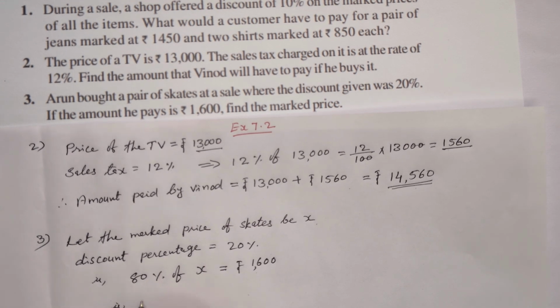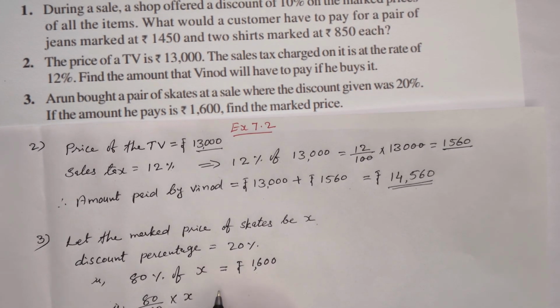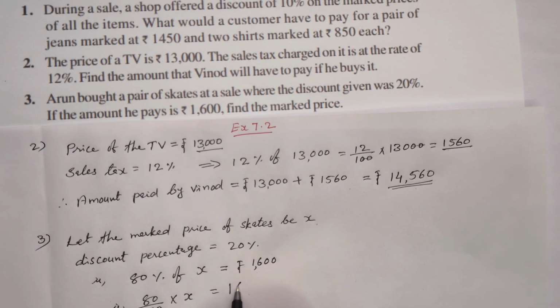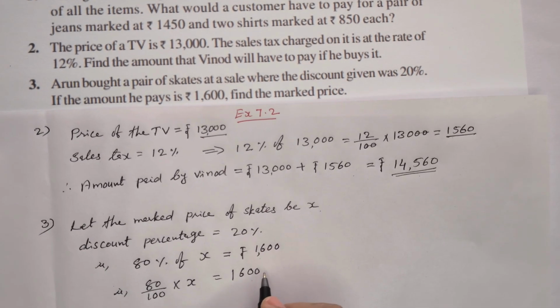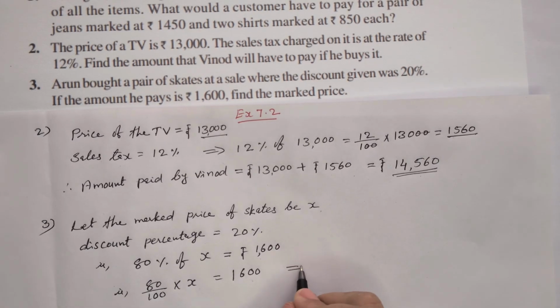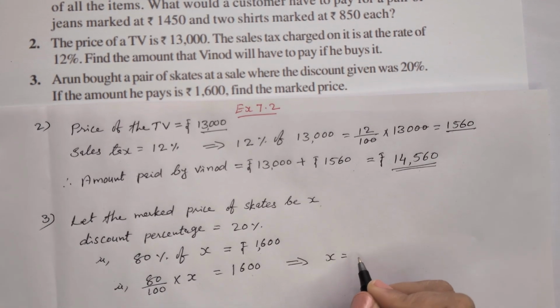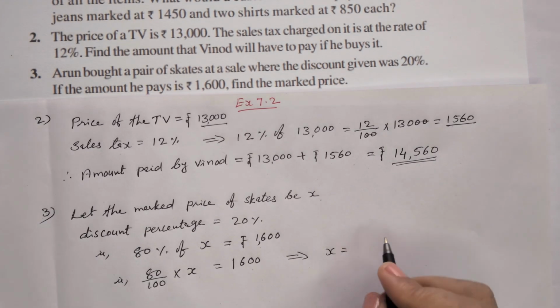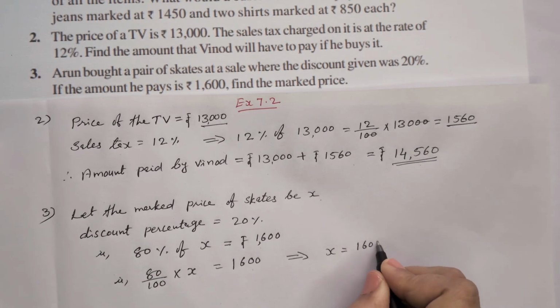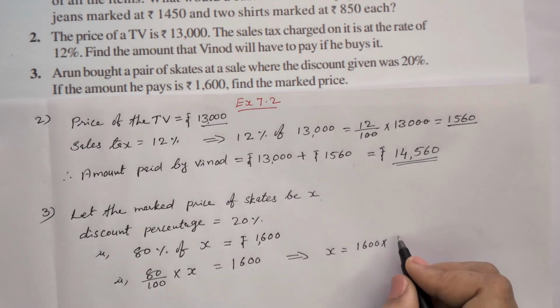That is 80 by 100 into X is equal to 1600, which implies X is equal to 1600 into 100 by 80.